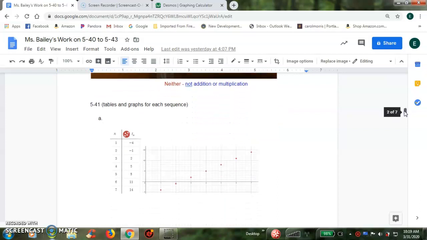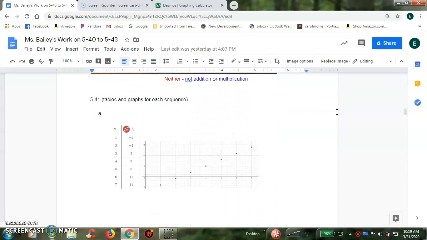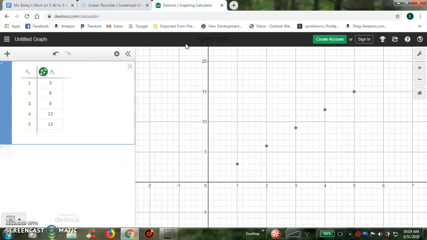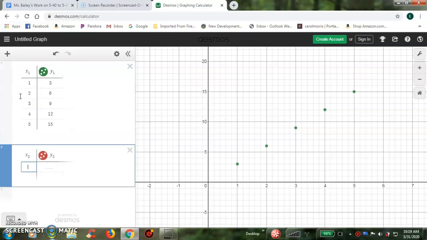Guys, I want you to use Desmos graphing calculator for this. So I'm going to go over here to Desmos graphing calculator. This plus button here, this is where you click on table, and I've got a new one here, and you can just plug in a table.